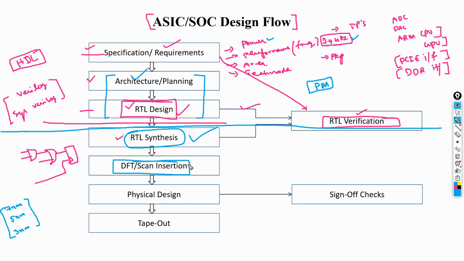Now remember one thing: at the end of the day, anything that you do from synthesis is all done through scripts. You just need a script which will take the design, do all the steps, and write out all the outputs. In the same way, the DFT team will give you a script, so you can plug in and continue.